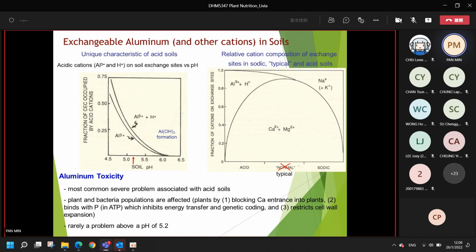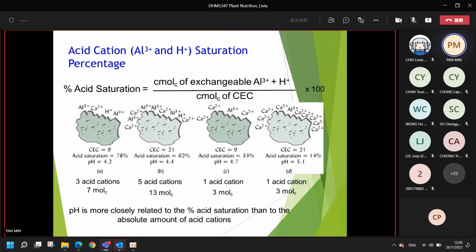And really it's a problem below a pH of 5.2. That's why we say acid adjustment and soil pH maintenance is very important for soil fertility as well as nutrient availability for plant growth.